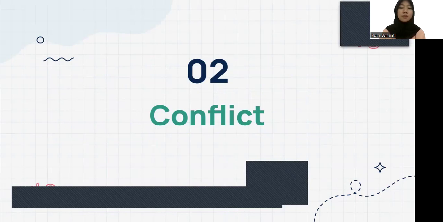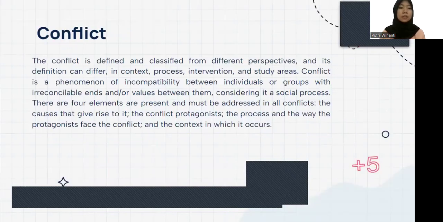The next part is the conflict. The conflict is defined and classified from different perspectives, and it can differ in context, process, intervention, and study areas. Conflict is a phenomenon of incompatibility between individuals or groups with irreconcilable ends and or values between them, considering it a social process.